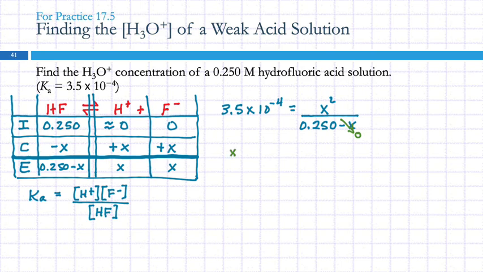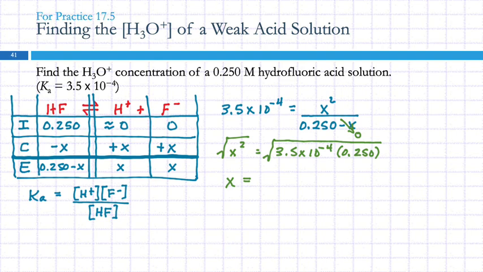So then we end up with x squared is equal to 3.5 times 10 to the minus 4 times 0.250, and if we do the square root of both sides, then we get x.